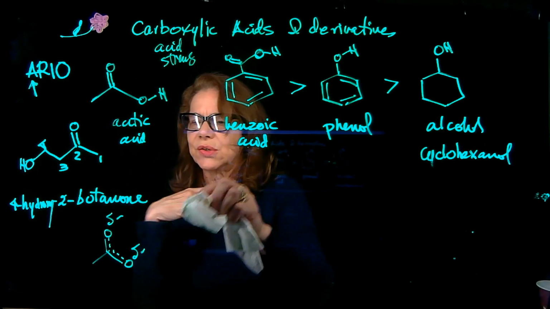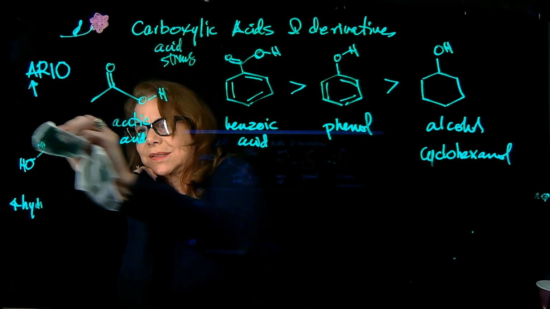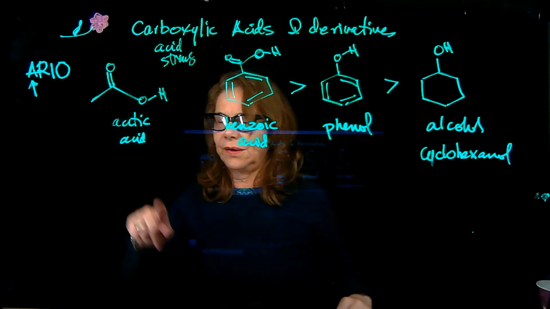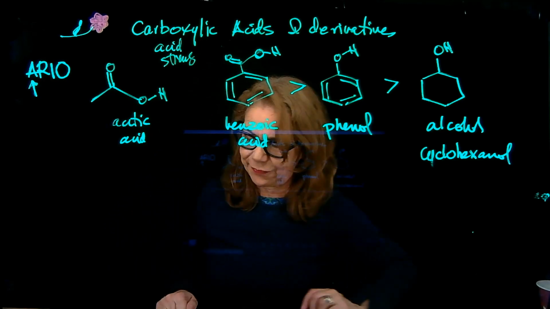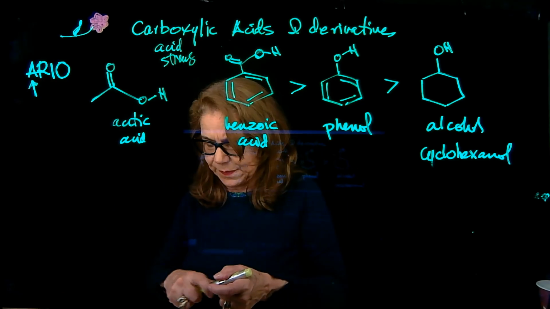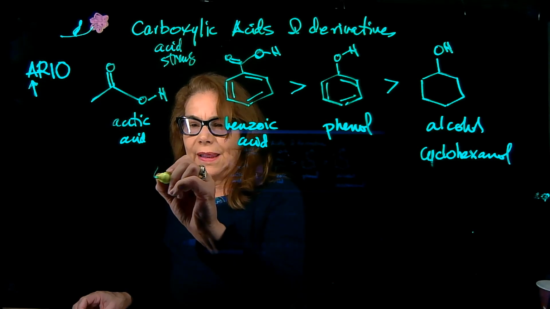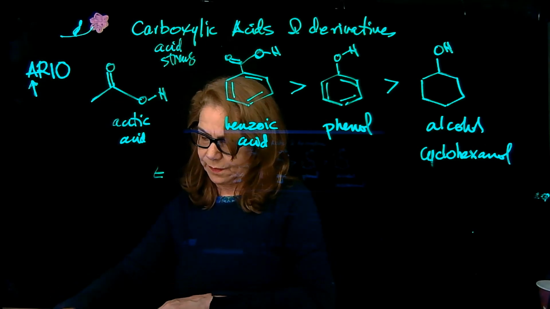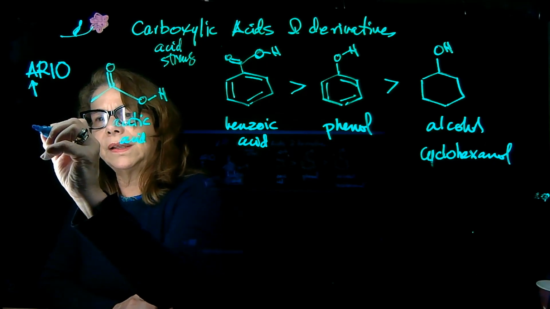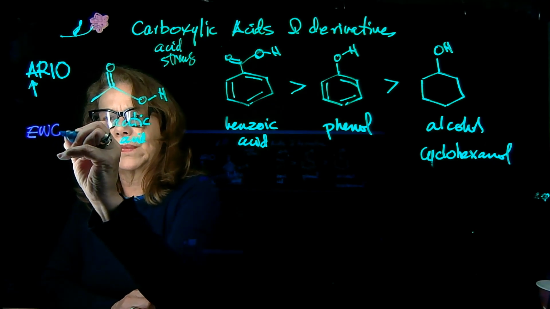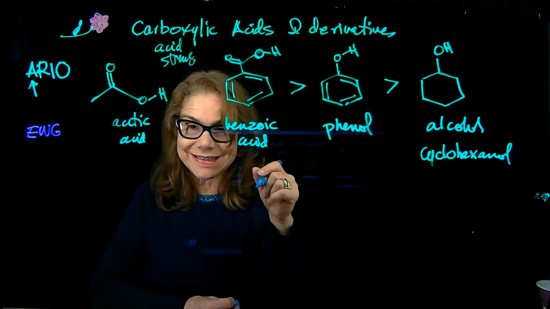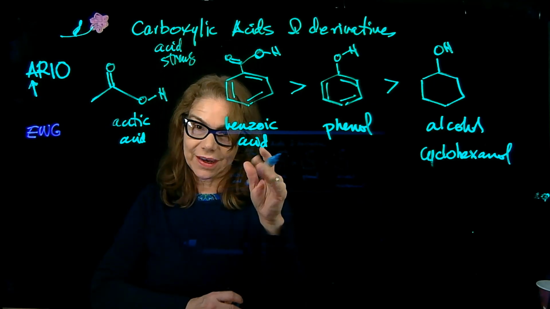But between these two carboxylic acids, let's talk about another effect. Here I have a methyl, here I have a phenyl group. So phenyl groups are electron withdrawing. The electron withdrawing group, so phenyl versus methyl, helps stabilize the negative charge of the conjugate base.